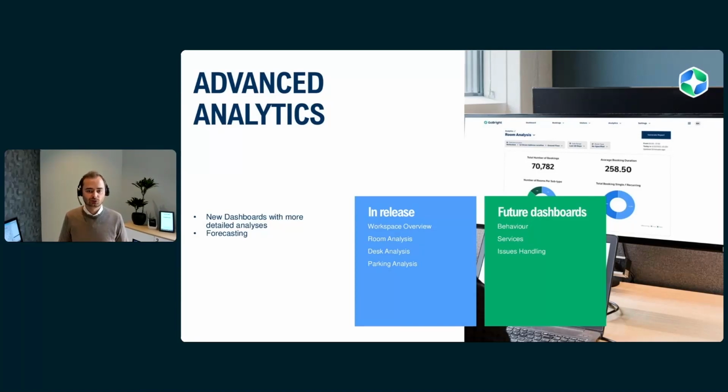And our issue reporting, issue handling. That's a new feature from the beginning of this year, which I will also show you later in this webinar with a live demo. And there, of course, it's also possible to analyze what amenities or what parts of the system are being reported most, to improve the efficiency of the usage of all the facilities in the building.